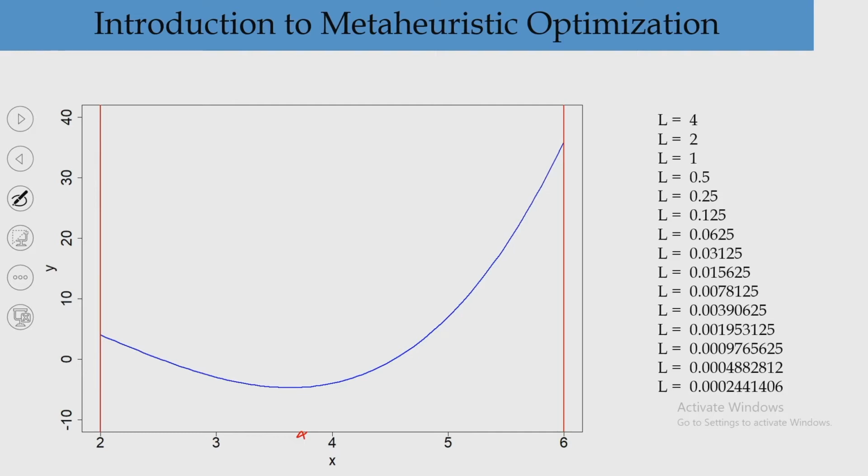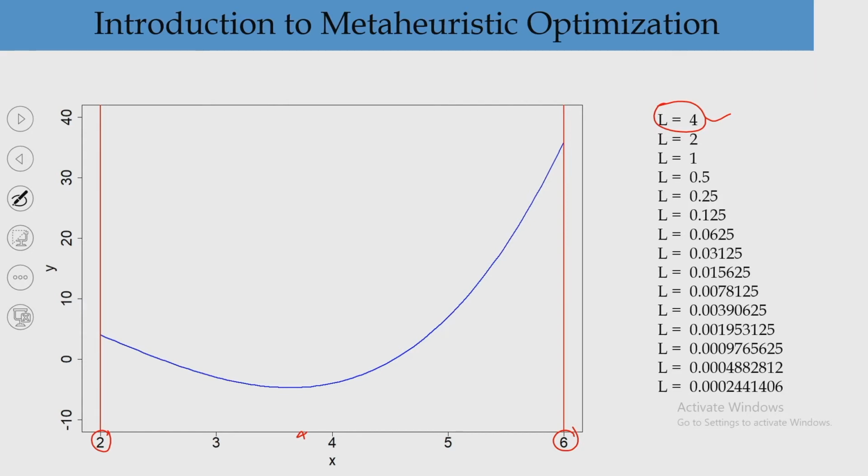I have shown you the solution at different iterations, and this is the beginning. The initial length of the search space is 4. So, the lower bound is 2 and the upper bound is 6.